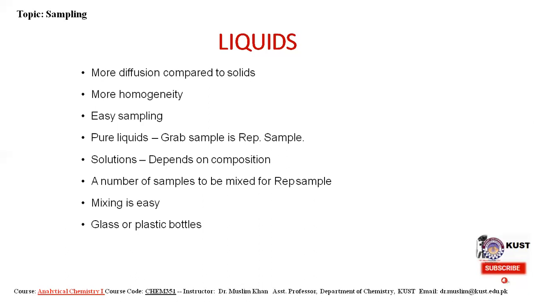For a solution, it depends on the composition. A number of samples can be mixed for a replicate sample. Mixing is easy in a liquid sample. Glass or plastic bottles are enough to take these liquid samples from your bulk sample.